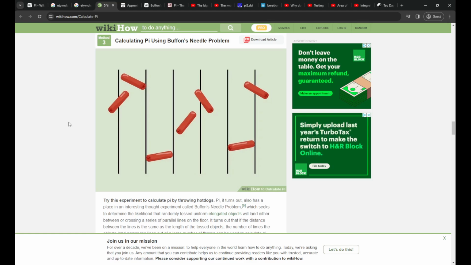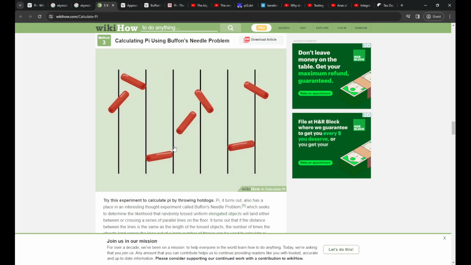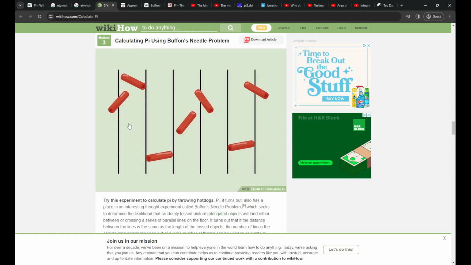And the idea is you take a straight pin and you put it across, and you draw parallel lines that are equal in separation to the length of the needle, and then you drop a whole bunch of identical needles of identical length, and you count how many times a needle crosses one of the lines, and from that you can approximate pi.